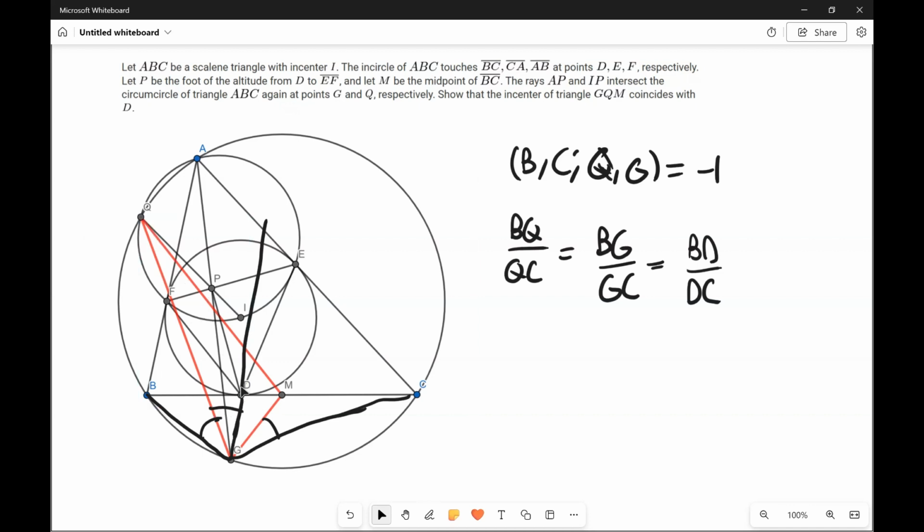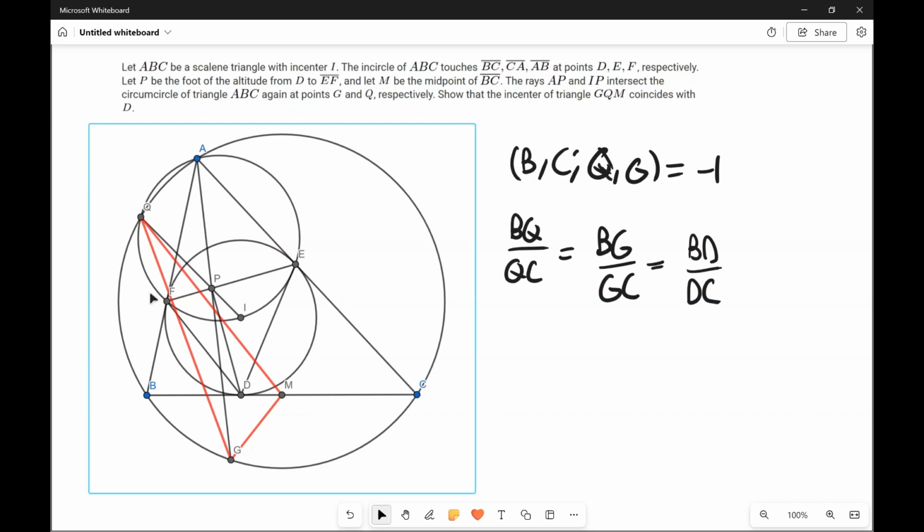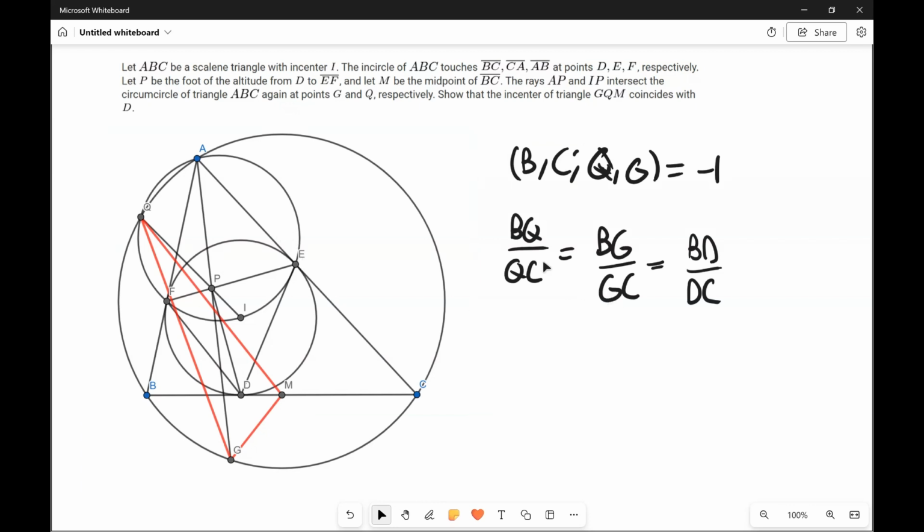So let's recap what we did. We first showed that the quadrilateral is harmonic by using a few projections. We first projected from A onto EF, then from Q onto the circle, and concluded. Then we used the angle bisector theorem to show that GD bisects angle BGC and QD bisects angle BQC.